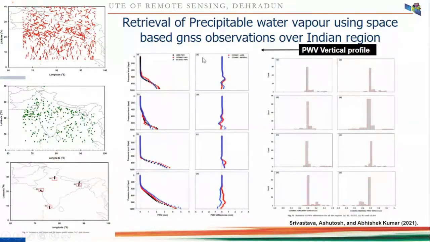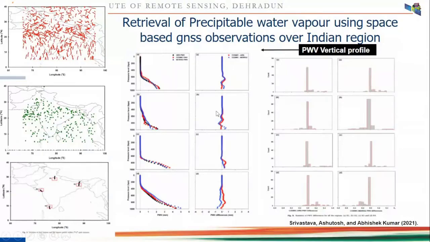of the water vapor. We can see here the red one is derived using the COSMIC data, the global coverage satellite data, and we compared it with the other sources. It is matching very closely, with a difference of within about 1 millimeter.